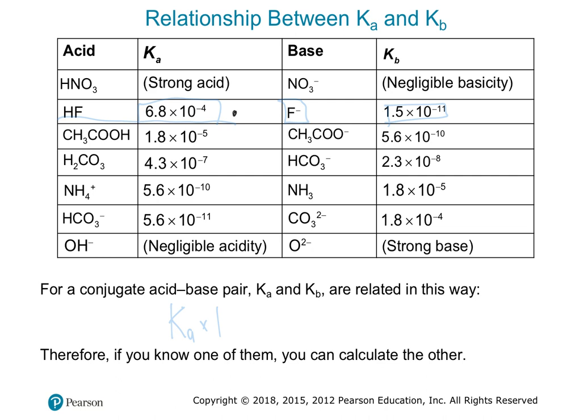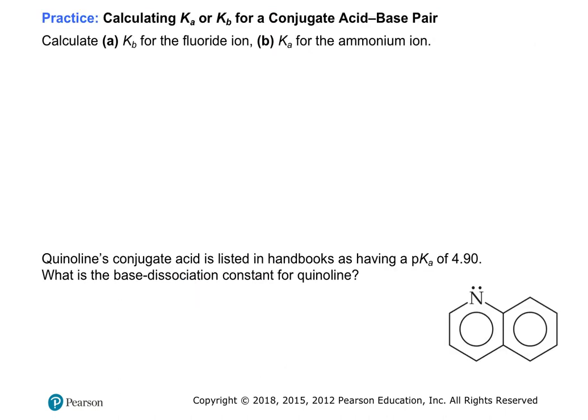Ka times Kb for an acid-base pair, okay, so for example, hydrofluoric acid and fluoride, equals Kw, which at 25 degrees Celsius is 1.0 times 10 to the negative 14. So if I know hydrofluoric acid's Ka value, and I have fluoride in water, then I could solve for the Kb knowing the hydrofluoric acid's Ka.